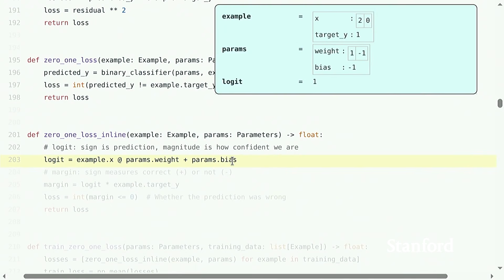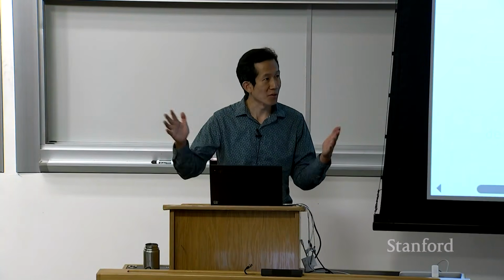And now think about what the logit is doing. So that sign, whether it's positive or negative, is the prediction, and the magnitude is essentially how confident we are in the prediction. This is sort of intuitive, because if you predict 1,000, that means it's +1. I really think it's positive, as opposed to a logit of like 0.01, which means that it's barely positive. Okay.